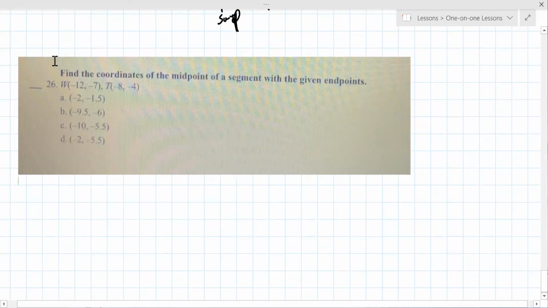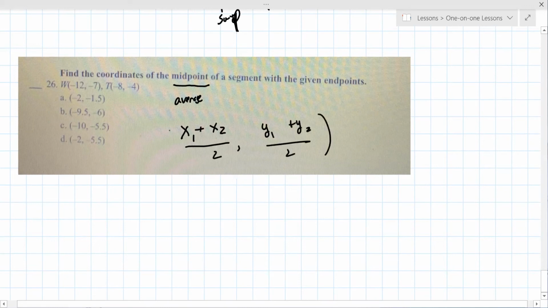So the midpoint is like an average. And there's a formula, you've probably seen this, like x1 plus x2 over 2, comma, y1 plus y2 over 2, where this first number is x1, the second number is y1, x2, and y2.